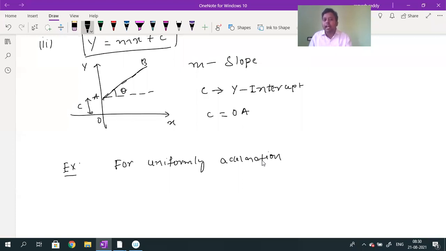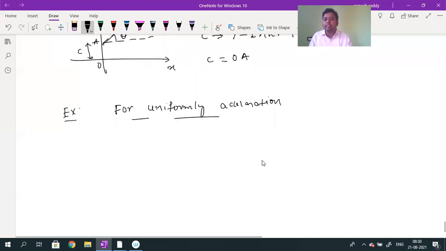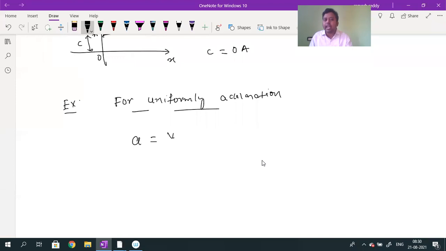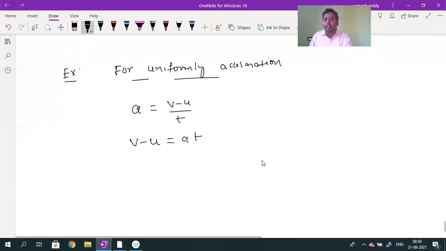For uniformly accelerated motion, you know a is equal to (v minus u) by t, change in velocity by time taken. From this, v minus u is equal to a into t. From this, v is equal to a into t plus u. If the initial velocity is not 0, v is equal to a t plus u. This is the equation I got.